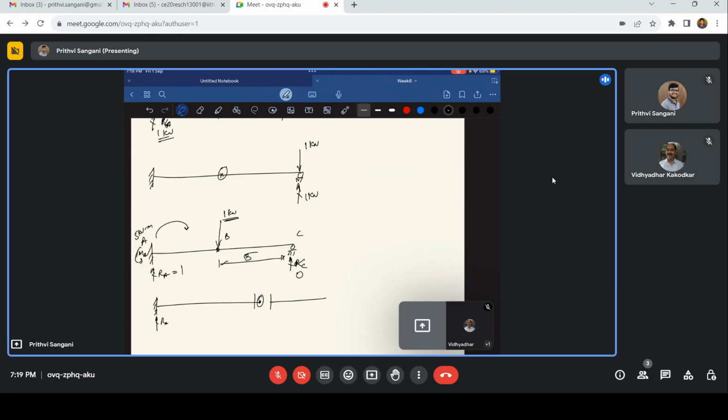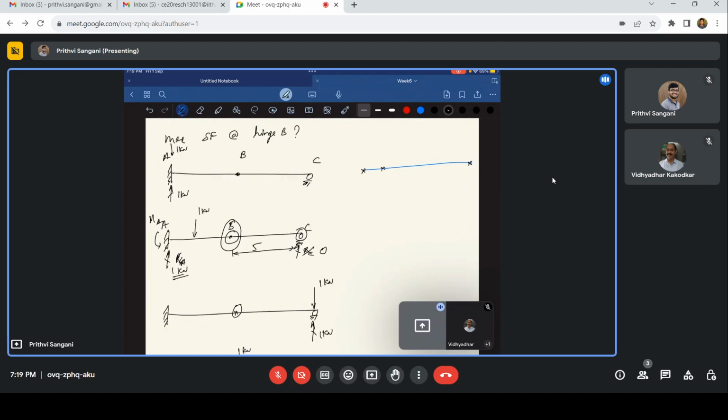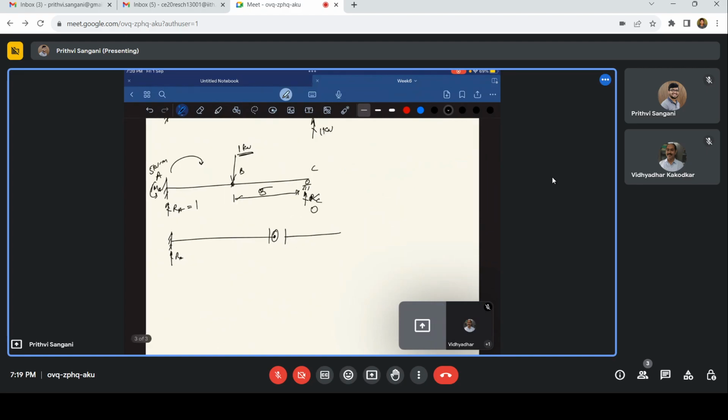So when you are placing it at B exactly, this is 1. Now I just want to know what is happening at BC. What is happening when my unit load is at BC? So I'll place my unit load at BC, 1 kilonewton. Let us analyze that now.